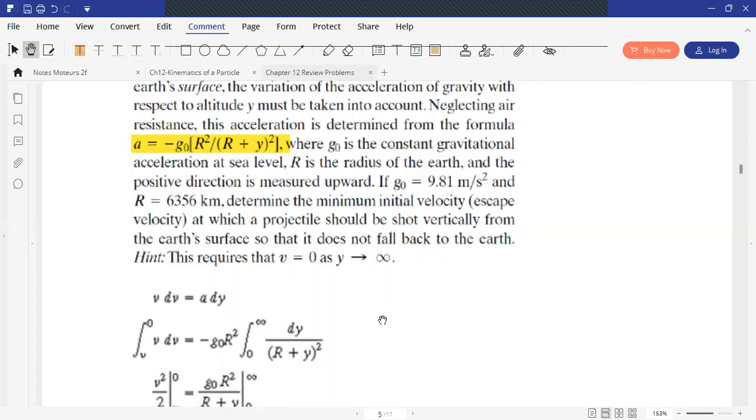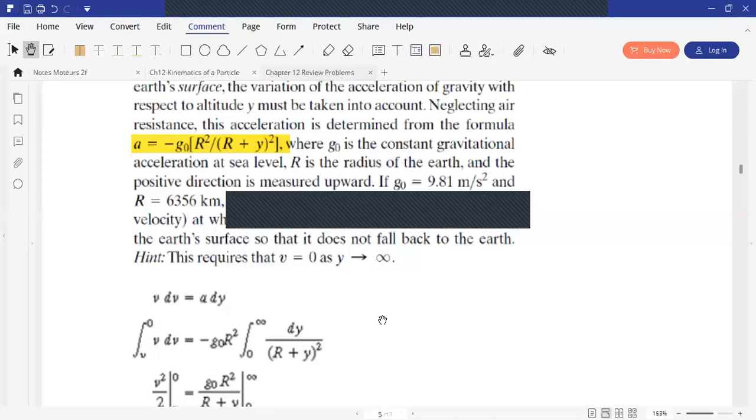I don't want it to go down, so it should not reach a certain position. So it will never reach 0 if you put the condition v equals 0 only at infinity. So it will keep going until infinity, and infinity is not a number, so you cannot reach infinity.